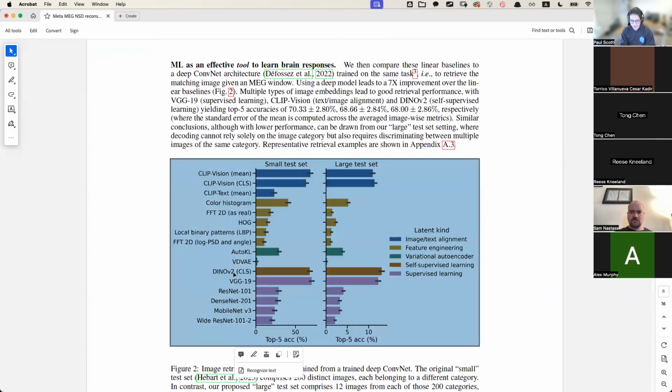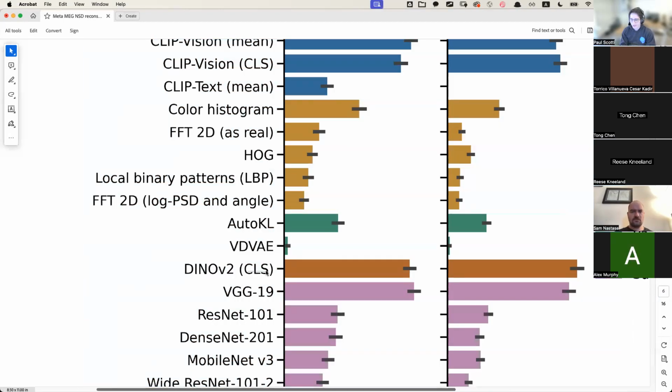Another thing to note here is that they're using the CLS token, which is the pooled token that represents the class of the image that they're mapping to. I think this is maybe making their performance worse. For our experiments with MindEye, we map both to the CLS token and to the last hidden layer, which includes the CLS token as well as all of the image patch tokens.